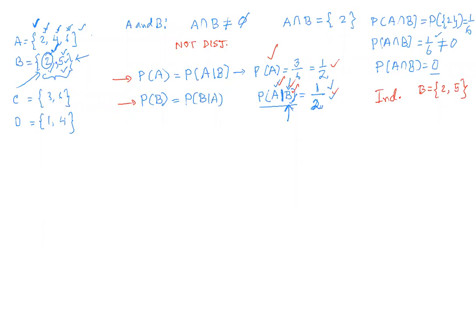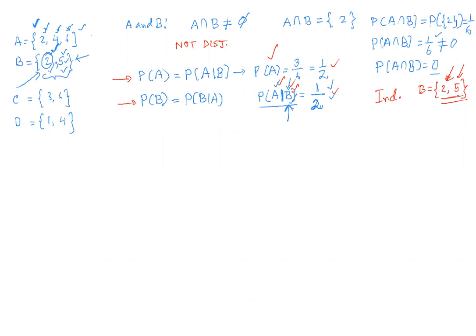But you don't know which one has happened, right? All you know is that B has happened. You don't know, is it 2 or is it 5? So in that case, your chances of A happening will be 1 out of 2, because out of these two, only if the outcome is 2 will A also happen.